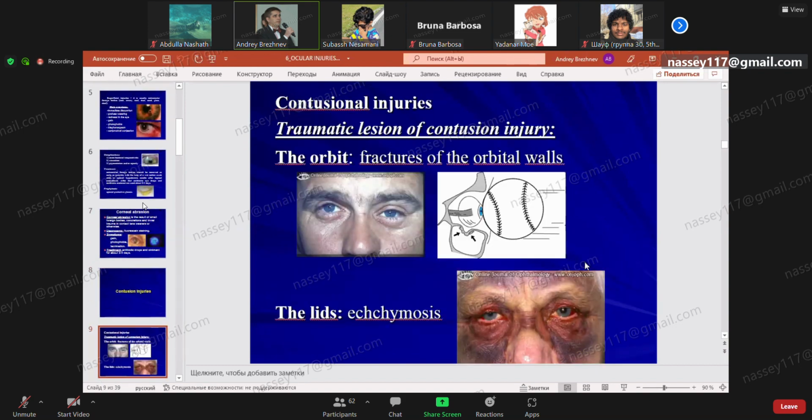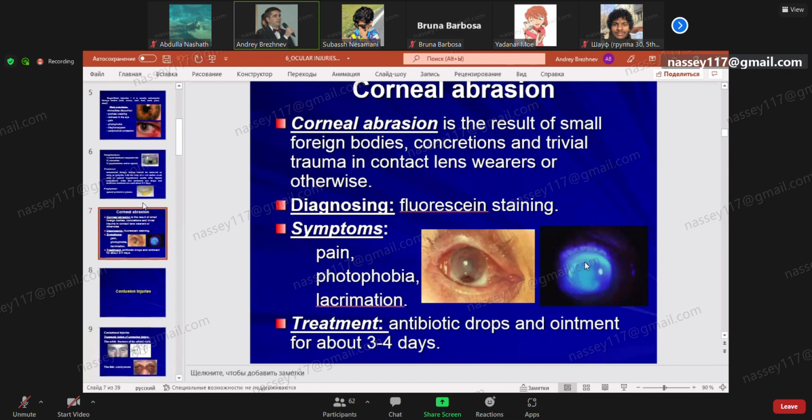And so now we are here. Treatment of corneal erosion, one more time, is the use of antibiotic drops and ointments for about 3-4 days. But we use them only to prevent a secondary bacterial inflammation.